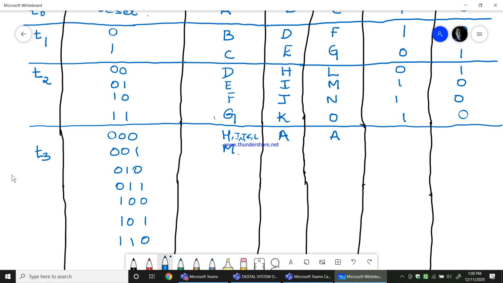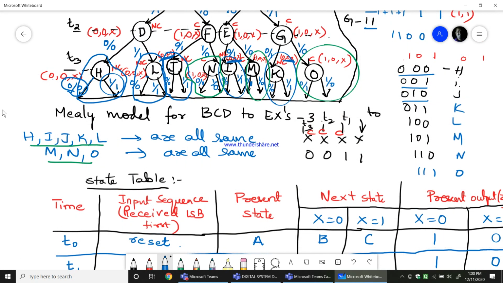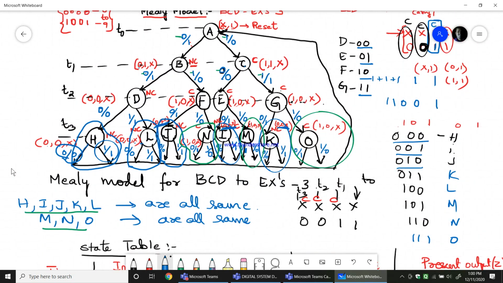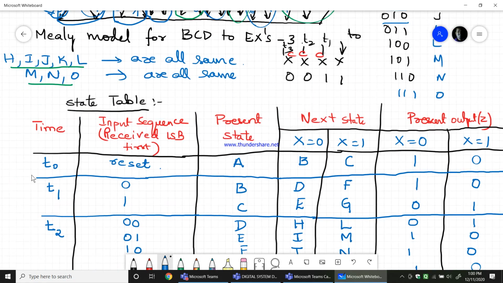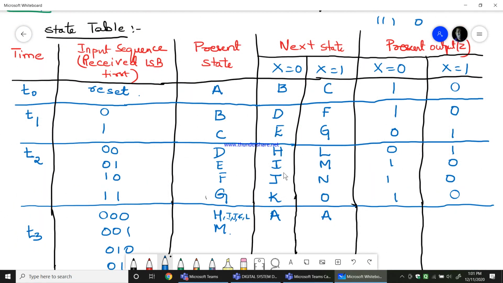For H, I, J, K, as no carry is generated, when the present state is H, the next state for 0 and 1 would be equal to A only. That is what I have written here. The next state would be A for x equals 0, A for x equals 1.